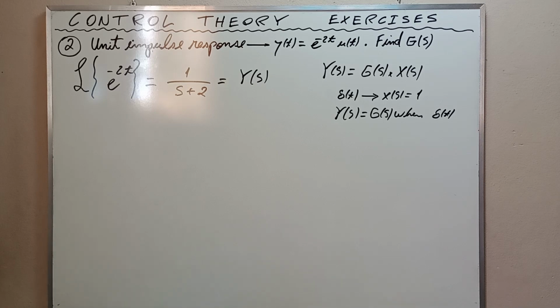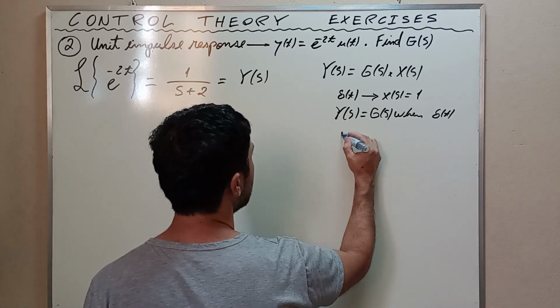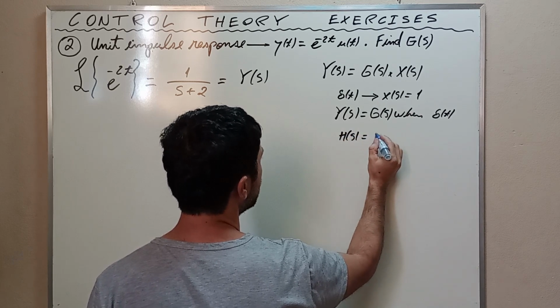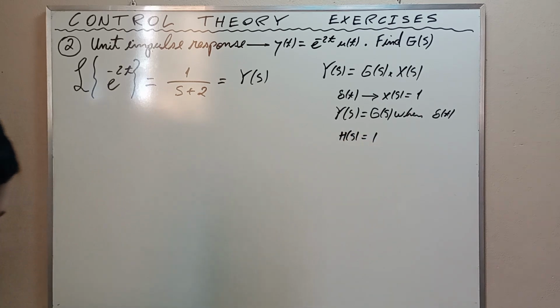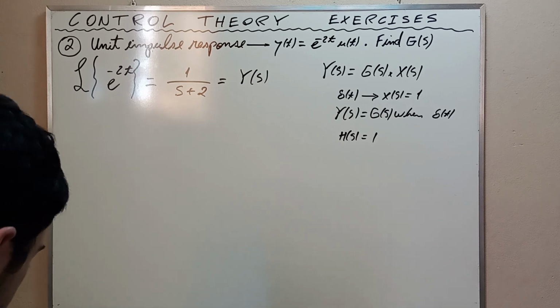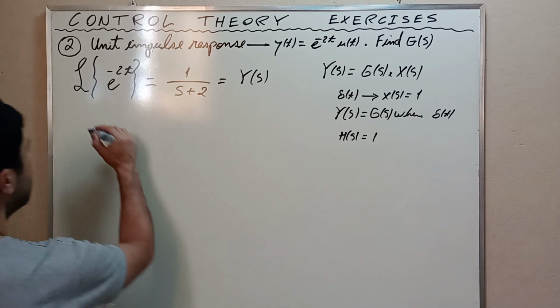Written in terms of the open loop transfer function G(s), and assuming that H(s), the gain of the feedback loop, is equal to 1, then we're going to write this like this.